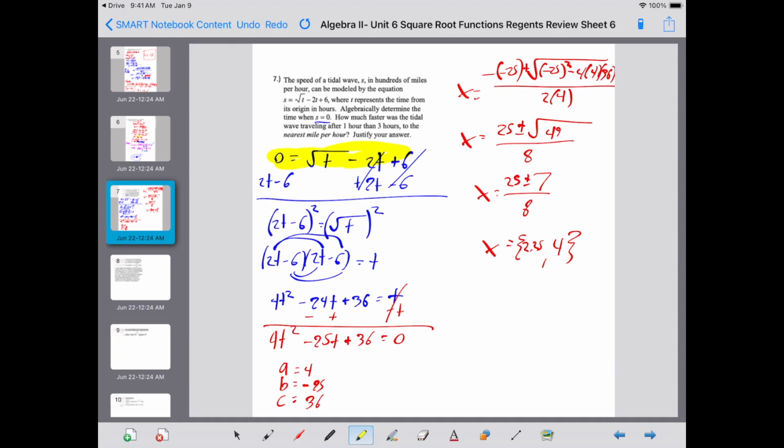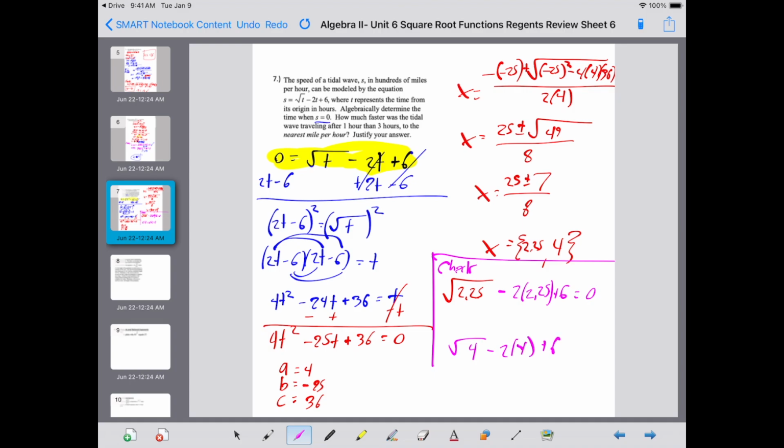Plug that into the original equation. Square root of 2.25 minus 2 times 2.25 plus 6 is 3. 3 does not equal 0.